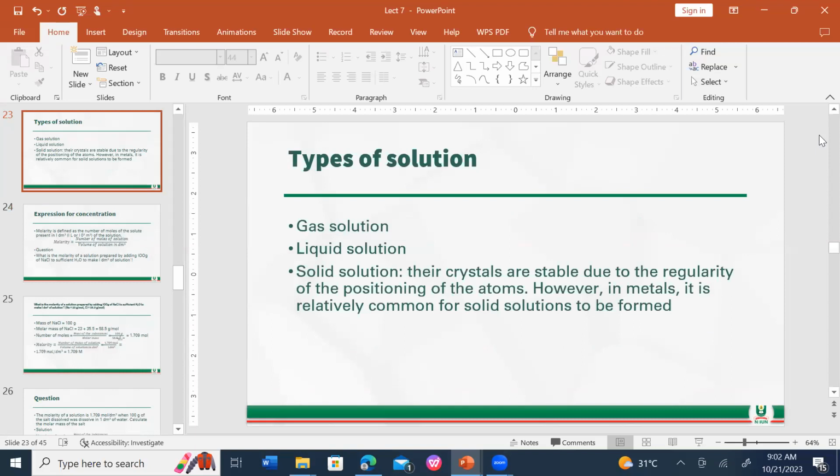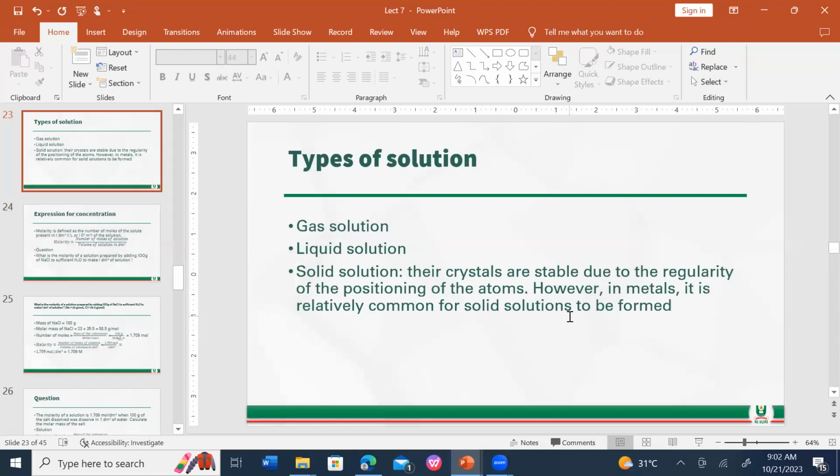So, types of solutions. We explained three different types of solutions. We said that we can have solid solution, liquid solution, and gaseous solution. Their crystals are stable due to the regularity of the positioning of the atoms.